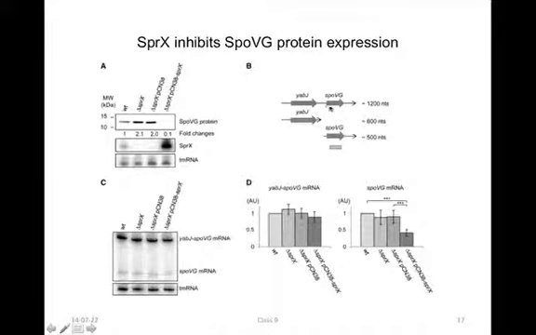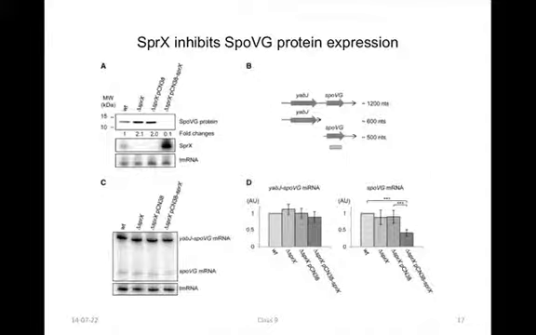They did an experiment to show that SPOVG is affected by SPRX. Oh, okay. So they want to know exactly which component. Right. And now, here's letter A. I think this is a Western now.